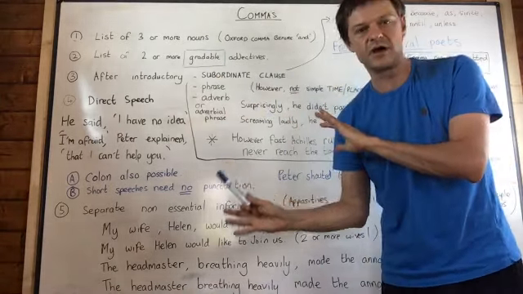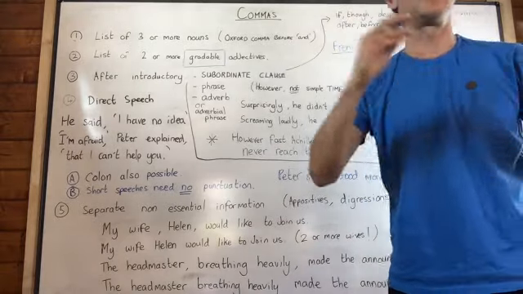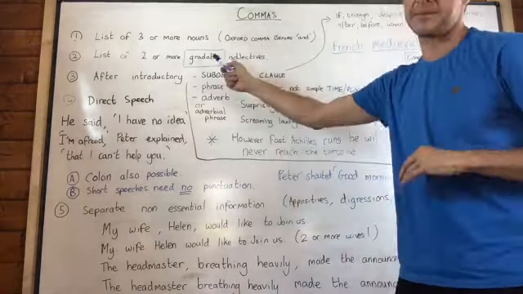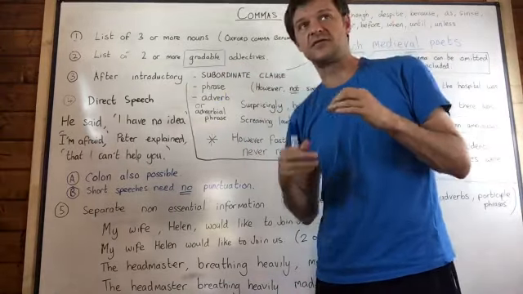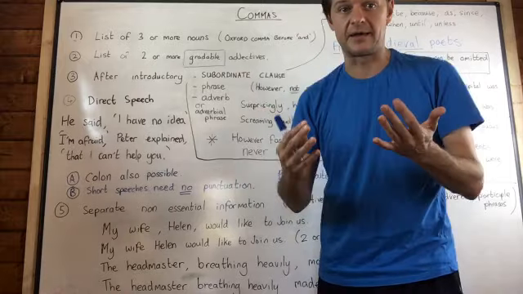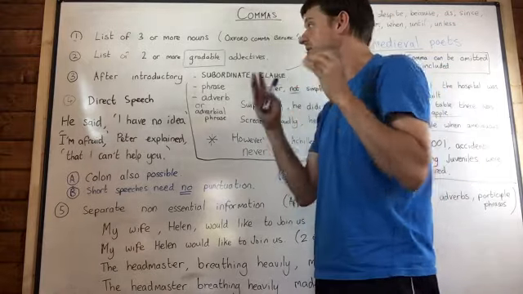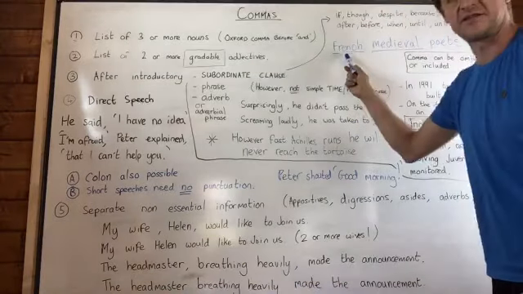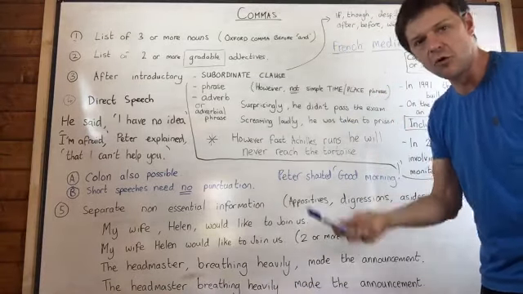Now, how do you know if an adjective is gradable or if it's classifying? Well, the clue is in the name here. Gradable adjectives you can modify. A gradable adjective is like big. You can say bigger. It's like small. You can say smaller. But what you cannot say is Frencher, or even more French.